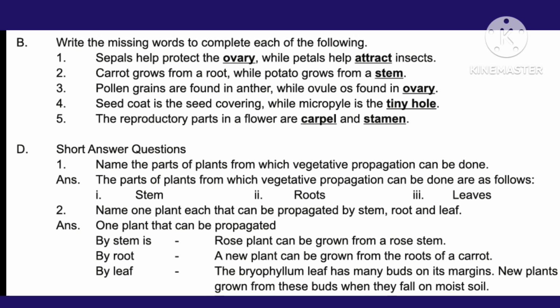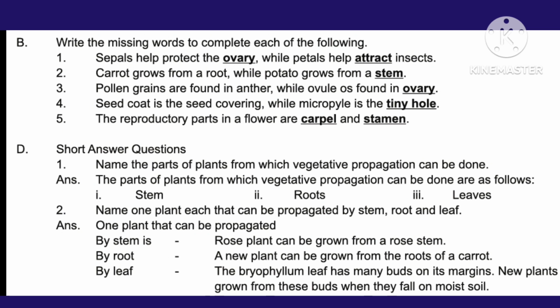Second question है name one plant each that can be propagated by stem, root and leaf. Answer, one plant that can be propagated by stem is the rose plant, which can be grown from a rose stem.